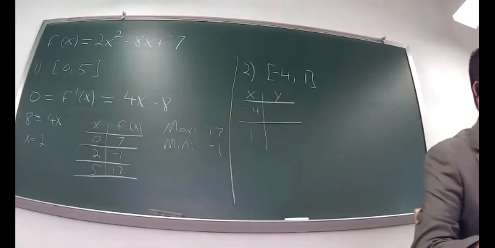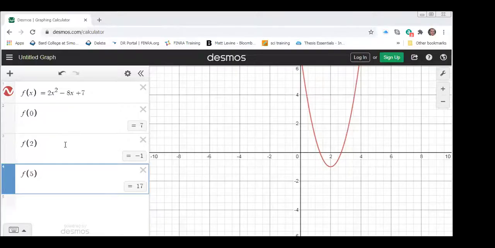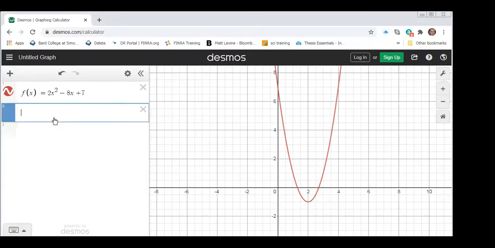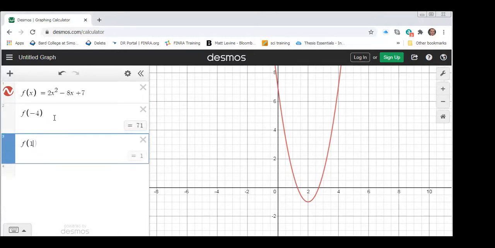Again, let's use the software to get this. First things first, f of -4 is 71 and f of 1 is 1. So the minimum value is going to be 1 and the maximum value is going to be 71.